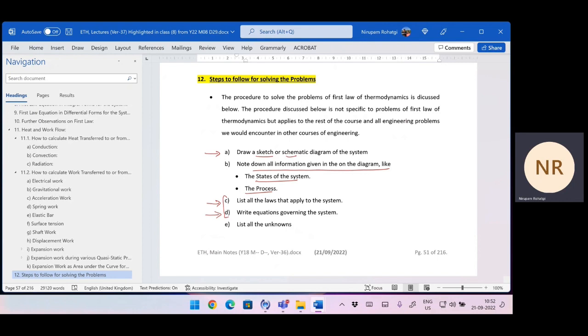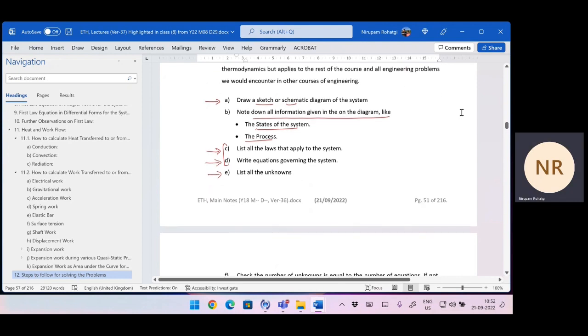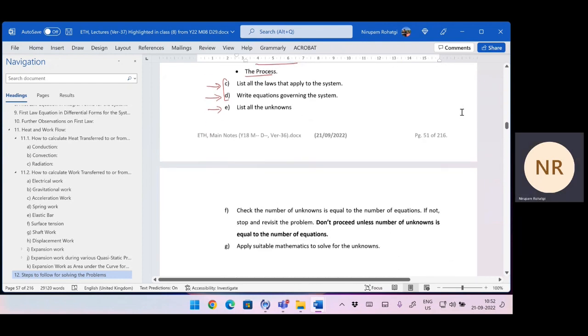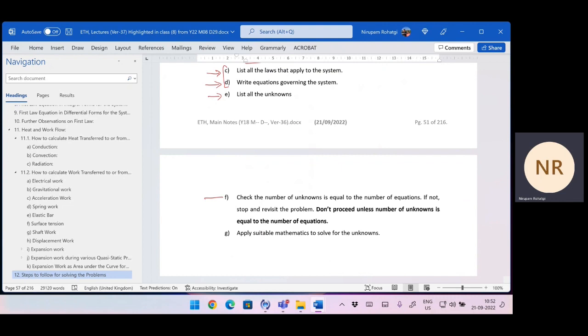And the next step is that you have to list all the unknowns in the system. Then you have to check whether the number of unknowns is equal to the number of equations. If this is true, that means you have put the problem properly on paper and understood it properly.